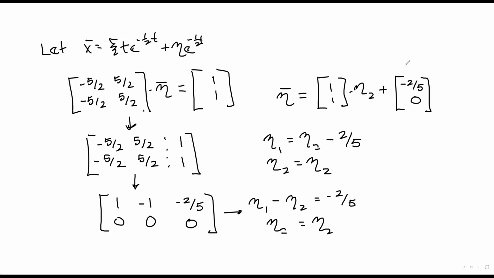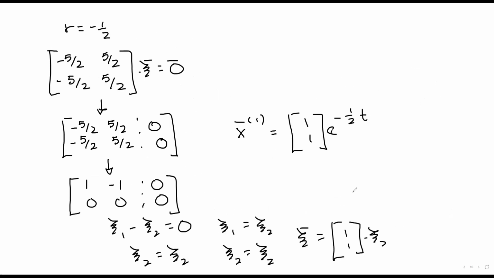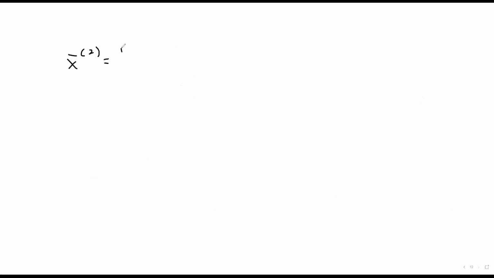Okay, so what we care about is this. And so by taking that and combining it with our xi from earlier, we can get the second solution. So x2 is going to equal our xi, which is, what was it again? It was 1, 1. So we're going to get 1, 1 t e to the negative 1/2 t.